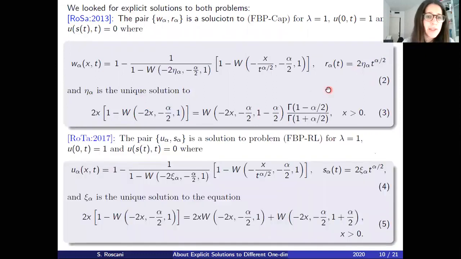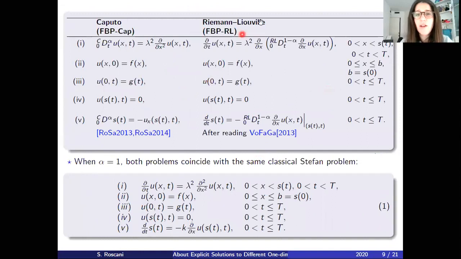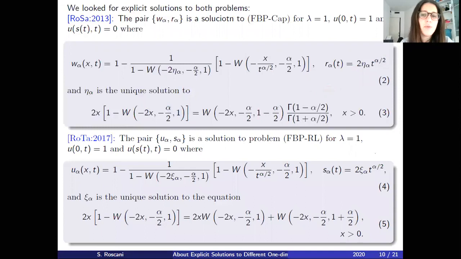So then I said, okay, may I try the same strategy for the second one, the problem derived from Professor Wöhler's idea? Yes, the ideas go well, and I again got explicit solutions in terms of Wright functions that are almost equal, and the interface is again a power of t, alpha over 2, with a parameter.